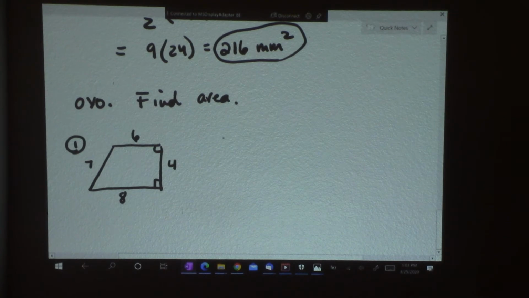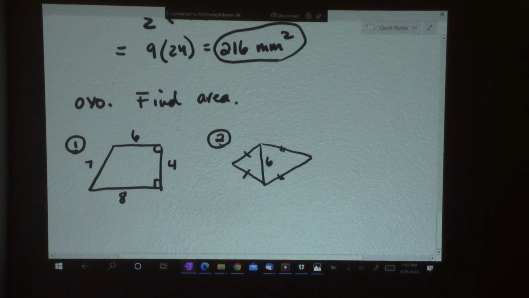Okay, and here's number 2. That means that is all the way down. And they give us this information down here.